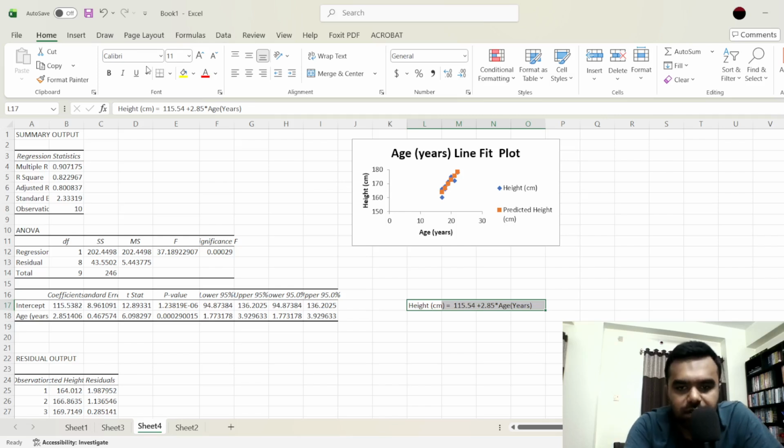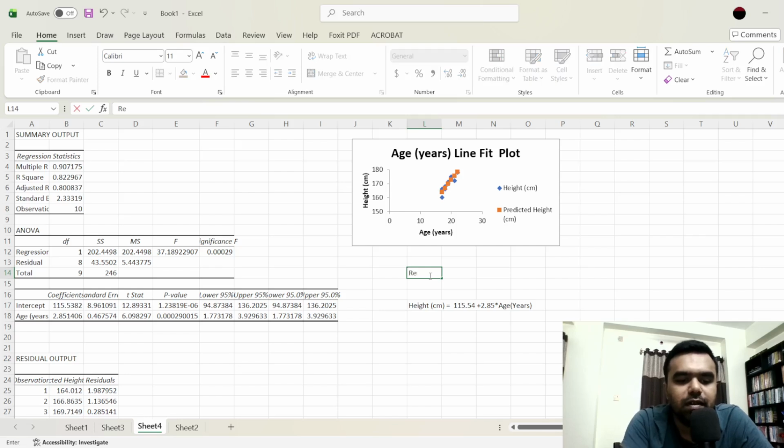If we know the age, we can predict the height of the student through this regression equation.